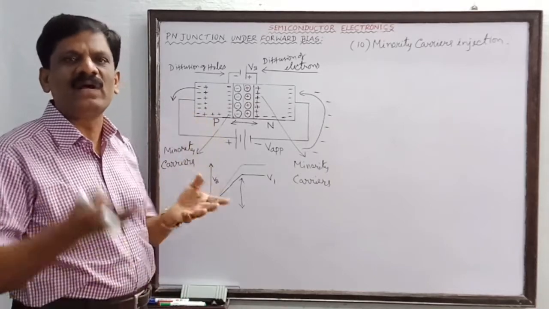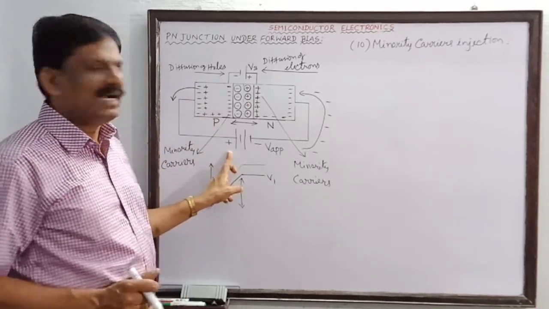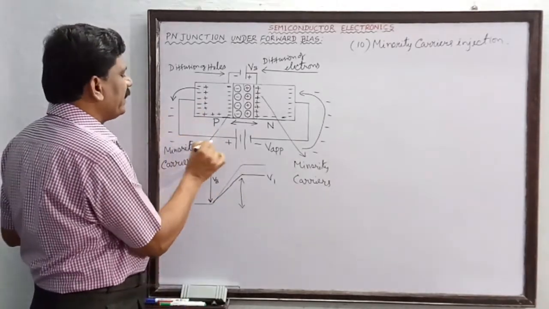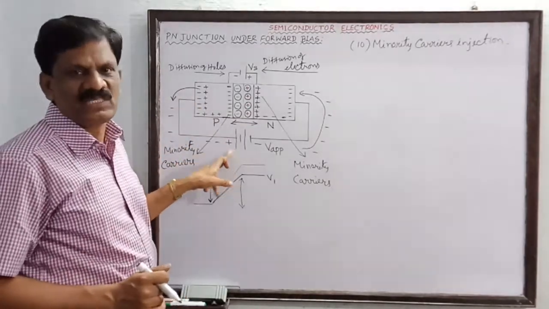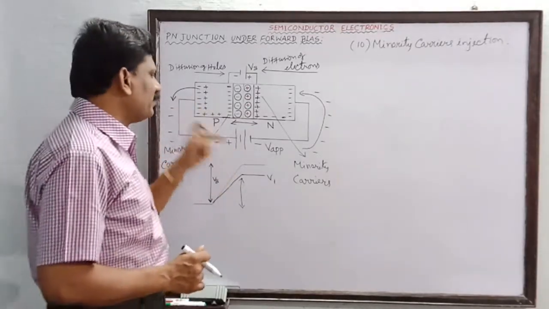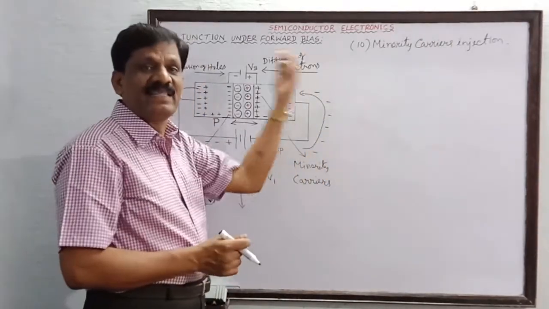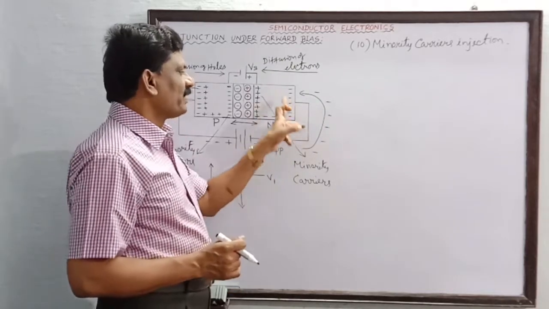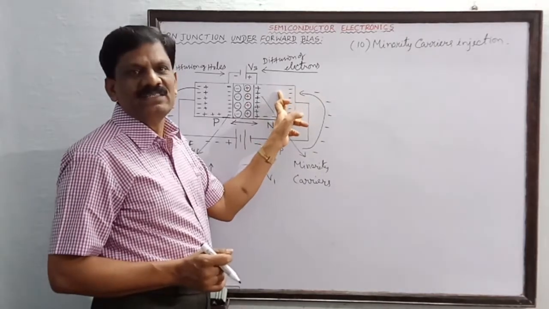As a result, they will be attracted by the positive terminal of the applied voltage and will flow in the external circuit. So these electrons will flow in the external circuit from the P region to the positive of the battery. At the same time, an equal number of free electrons will be sent by the negative terminal of the battery towards which region? Towards the N region.